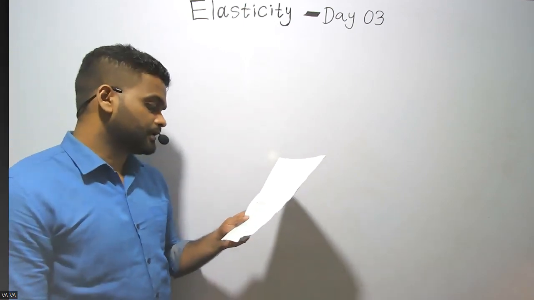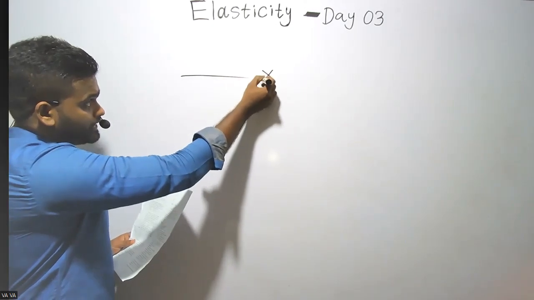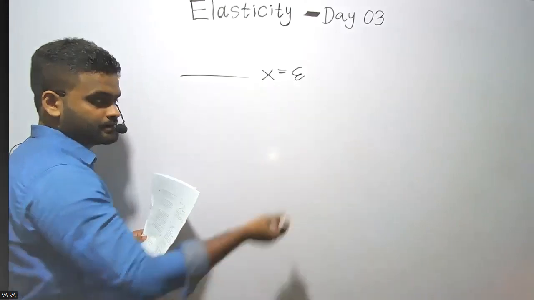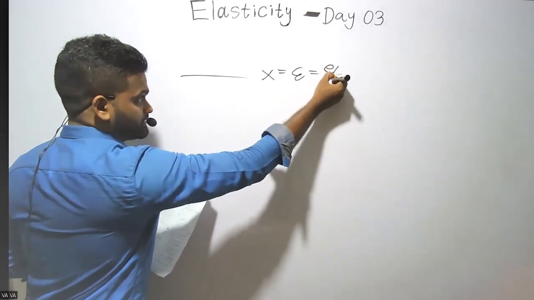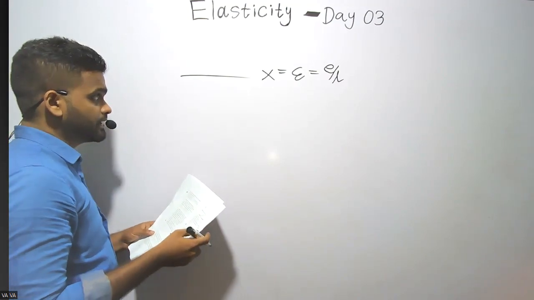Okay, so the 50, a metal wire shows strain X. So what is strain? Strain is extension divided by length when a load is applied.